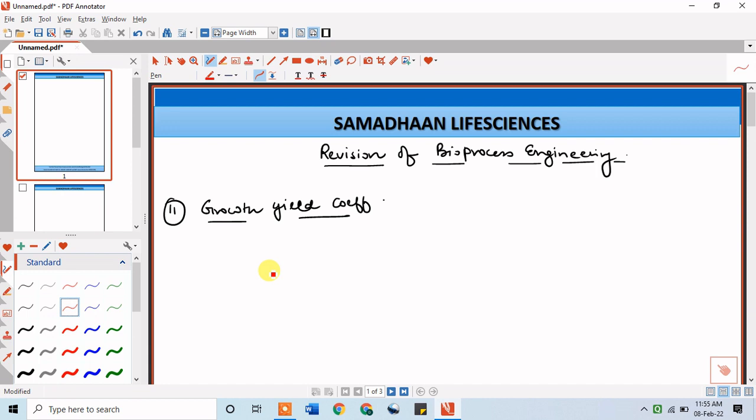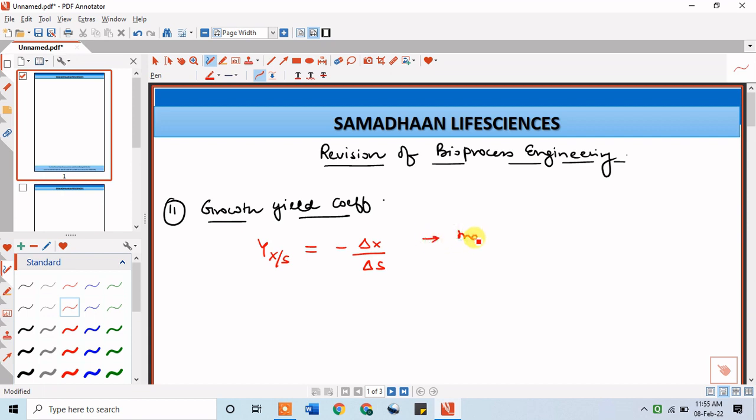बस ये amount can be given in mass or moles. So let me just write it down. Y x over s, यहाँ पे x क्या है? This x is the representative of biomass, and s is the representative of substrate. So Yxs is equal to minus delta x upon delta s. This is the formula. And over here, what is x?